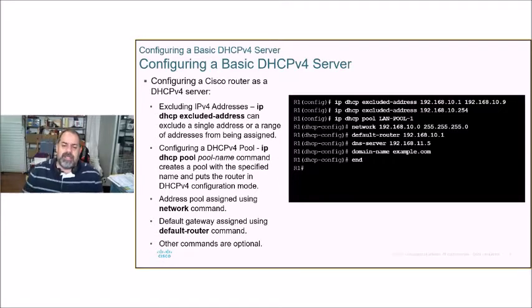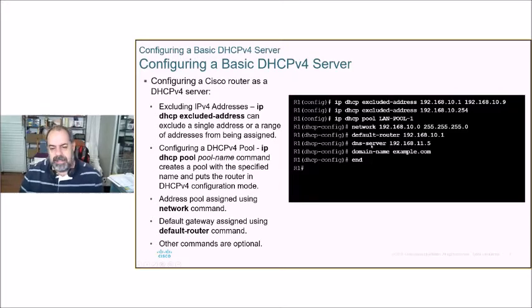From there you need to specify a network. This is something that a lot of people leave out. They do all this other stuff, the settings they think of, but that pool actually has to know what address range it has. If you don't do that, it will not work. So we're looking at a 24-bit mask for 192.168.10.0, and then we have a default router setting, which is the router itself.